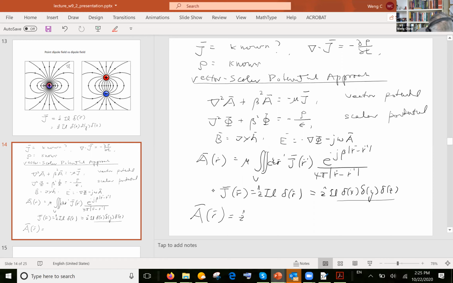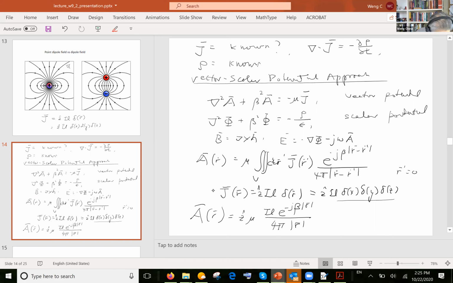a z hat, and then I get the mu on the outside, and then I will have IL e to the minus j beta r prime, where r prime is equal to 0 using the shifting property of the delta function. R prime is set to 0. So I have this over 4 pi r.